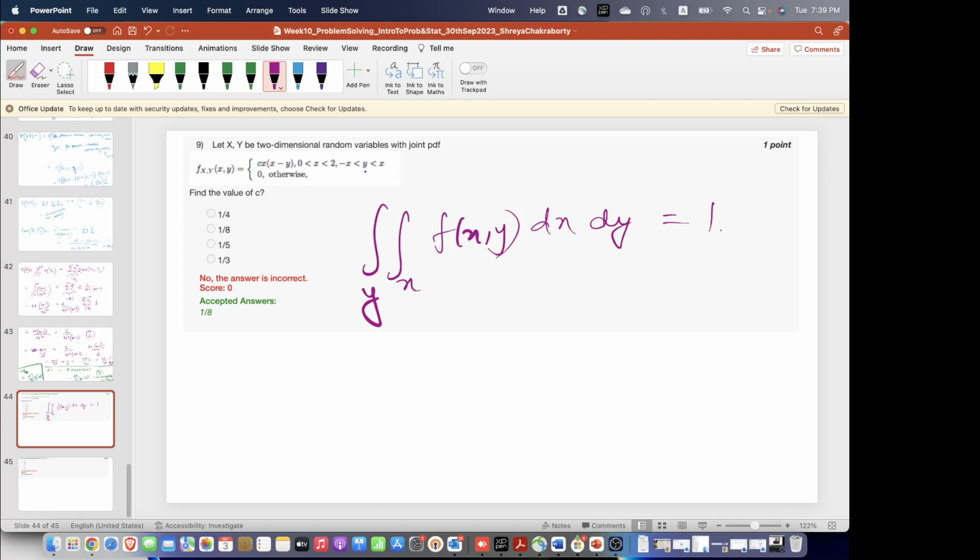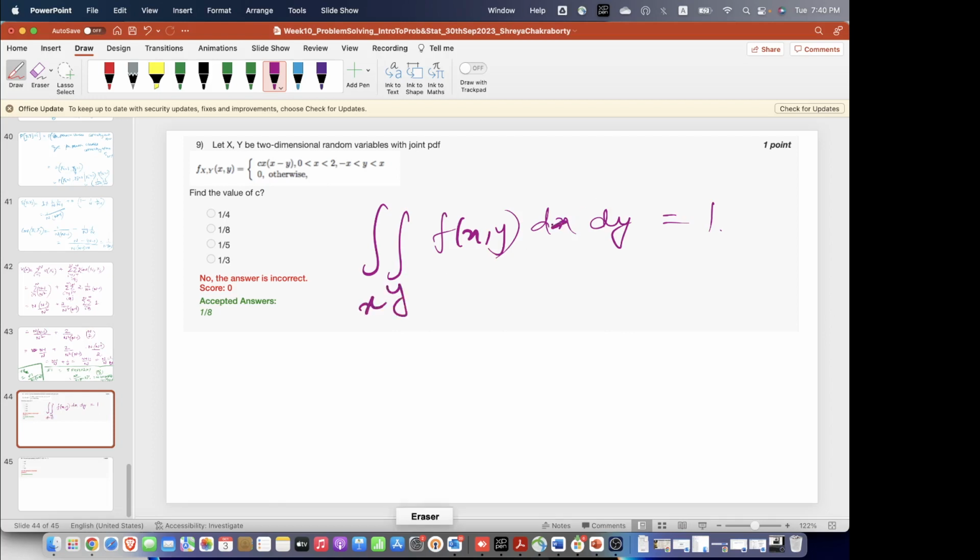Here it is easier to keep y inside and x outside, because you can readily see that the range of y is dependent on x. So instead of writing x inside and y outside, we would write y inside and x outside.